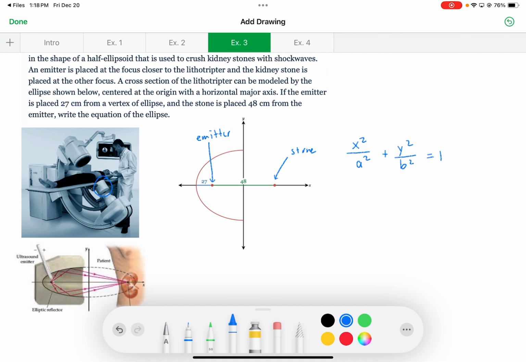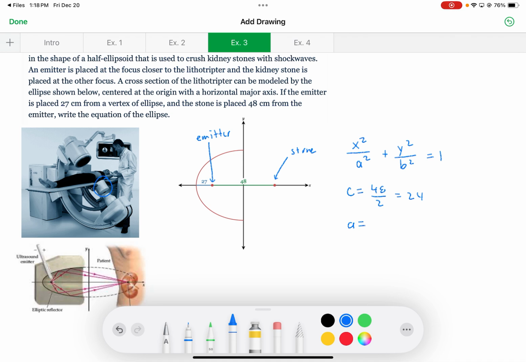And now I can use those two numbers of 27 and 48 to reason out my a and my c values. Starting with c, c is supposed to be the distance from the center to your foci, right? Well, if the distance from one focus point to the other is 48, then c's got to be half of that, right? 48 over 2, or 24. a is supposed to be the distance from the center to the vertices.